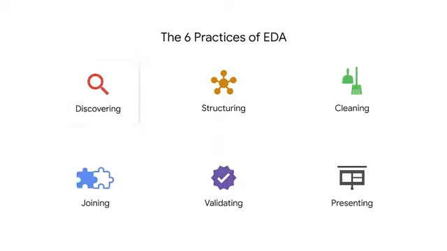Earlier, you learned how to discover and structure data in order to understand and tell its stories in impactful ways. In this part of the course, we will cover 3 of the other practices of EDA: cleaning, joining, and validating data.